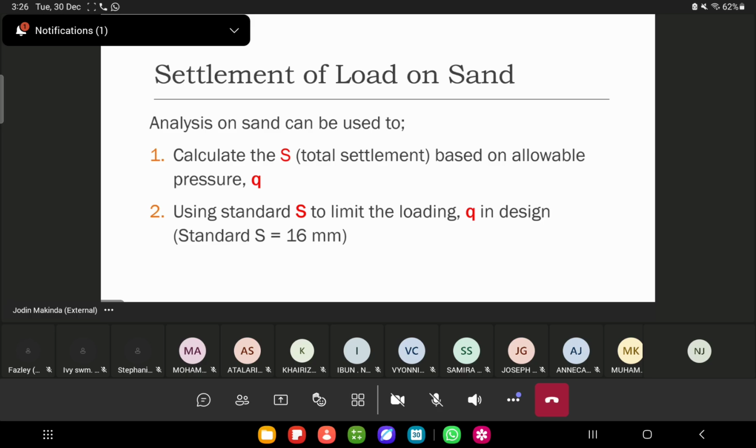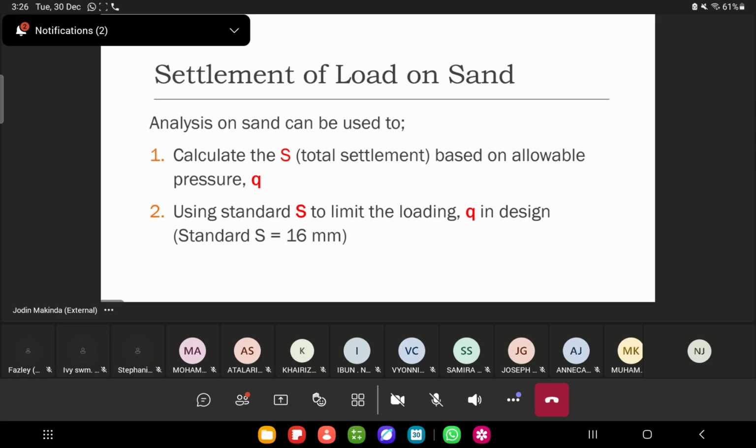One is you calculate the settlement based on the allowable pressure. Two is you use the standard settlement to limit the loading Q in design. These are the two approaches when it comes to settlement on sand. Either we calculate the settlement, or we use one value of settlement, let's say 16 millimeter, then we use the 16 millimeter maximum to obtain the maximum limit for loading.